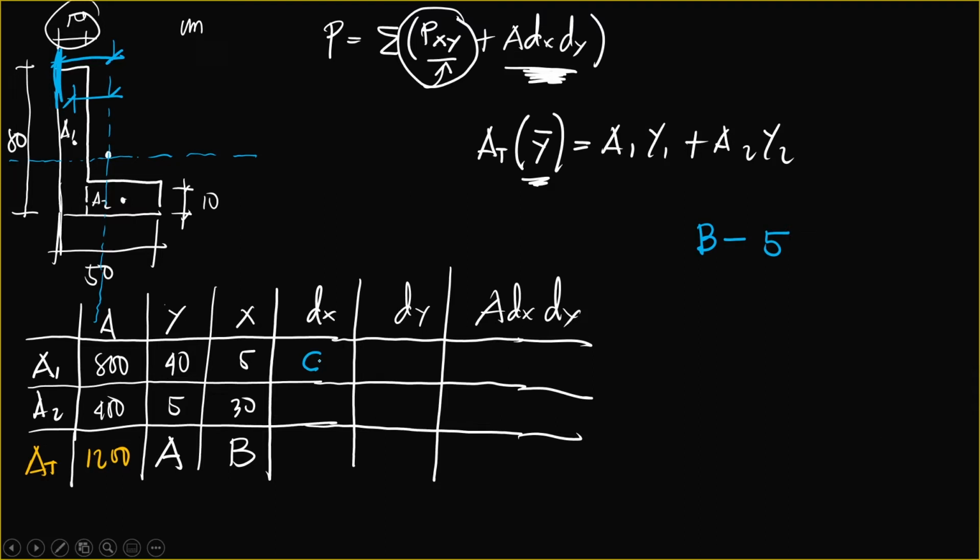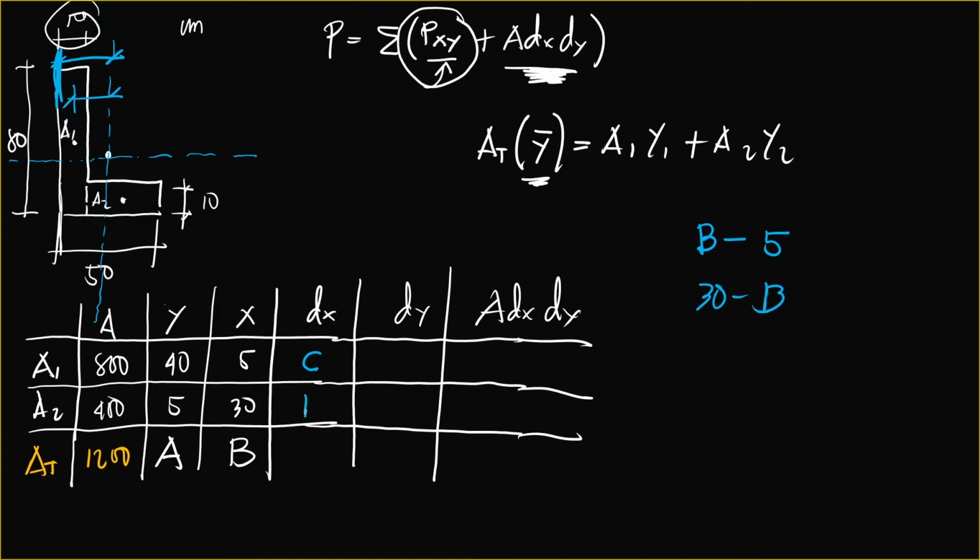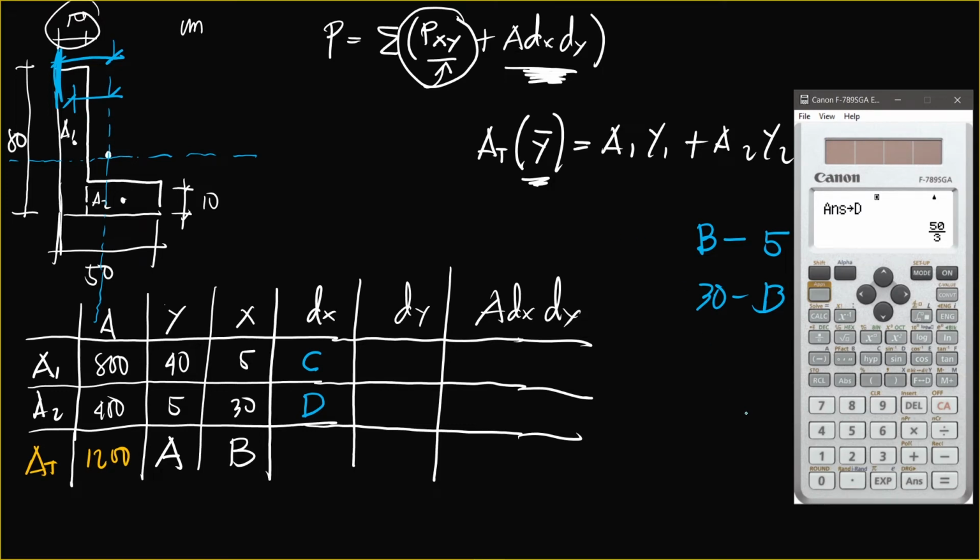How about A2? It is 30 minus B, which is 16.67. Let me store that to D. For DY of A1, it is 40 minus A, which is 11.667.